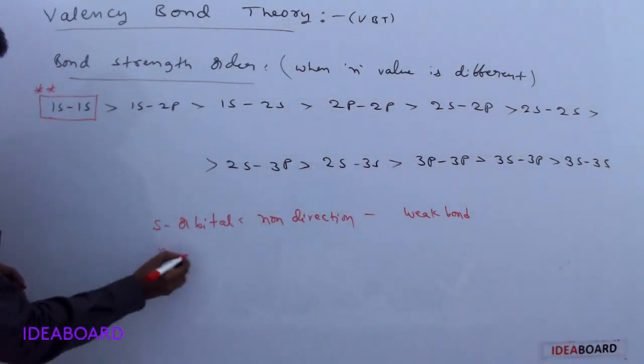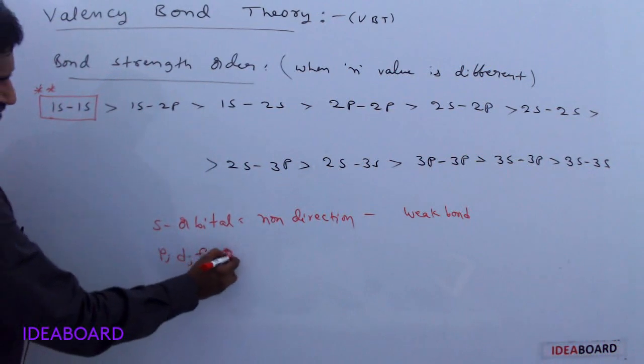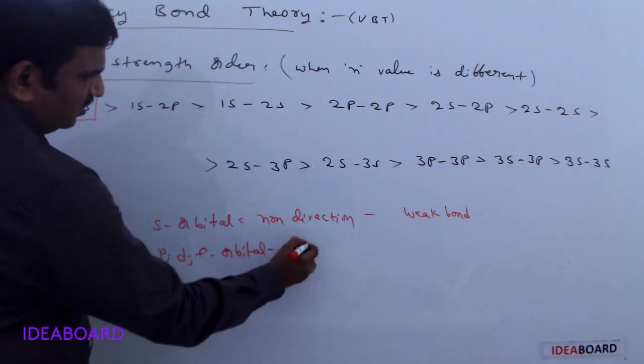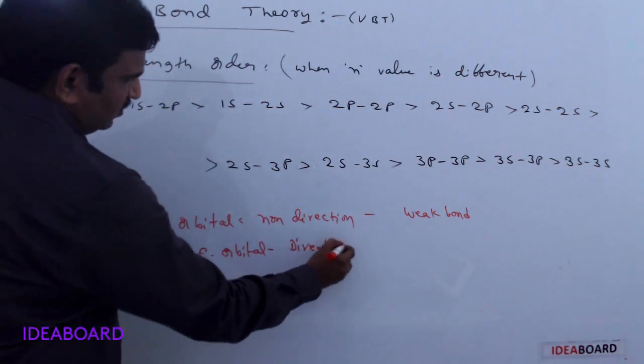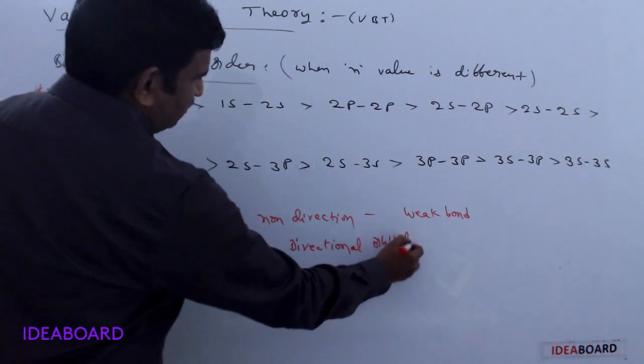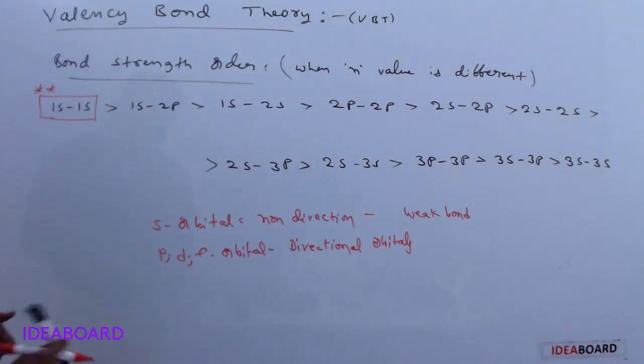But the remaining orbitals, if you are taking p orbital, d orbital, f orbitals, they are directional orbitals. Why can we say directional orbitals? Here we are writing px orbital, for example.